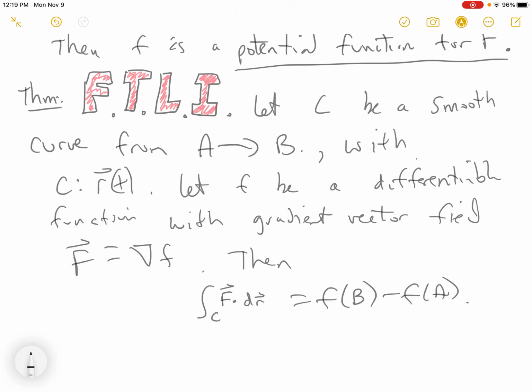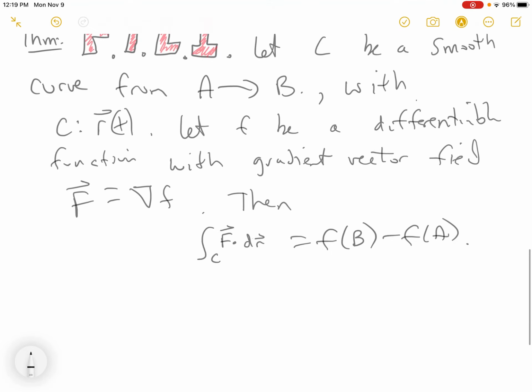So, theorem number 2. Let F be this field we've been working with.